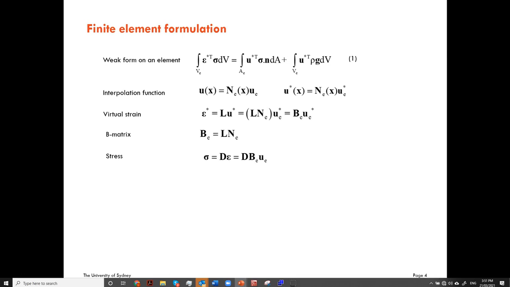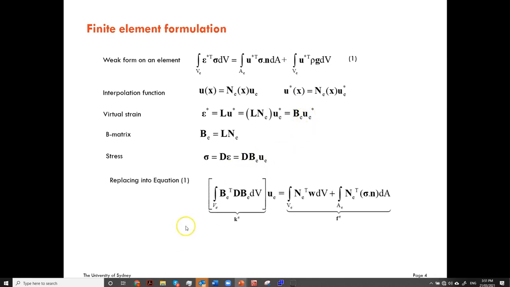The stress is going to be obtained by multiplying the stress-strain matrix by the strain. The strain, as with the virtual strain, is going to be the B matrix multiplied by the nodal displacements.